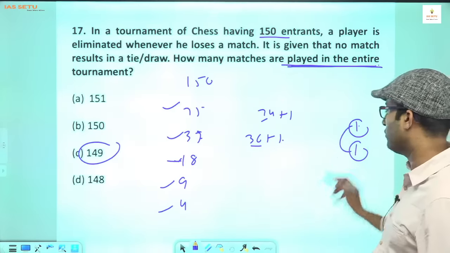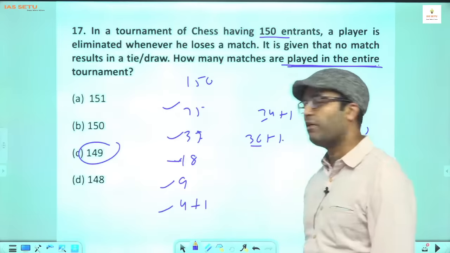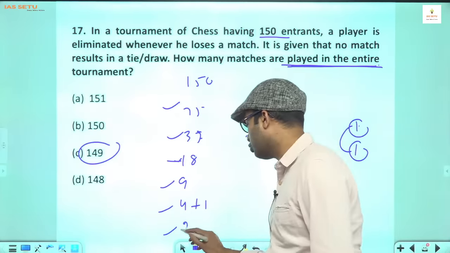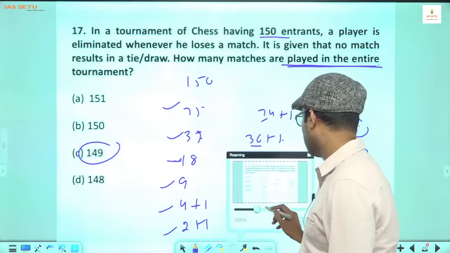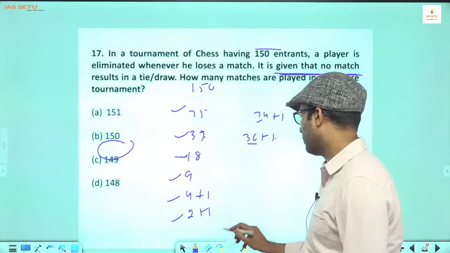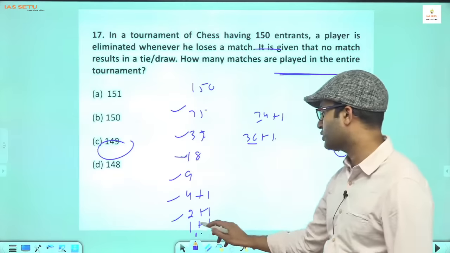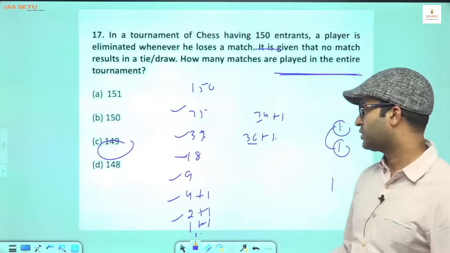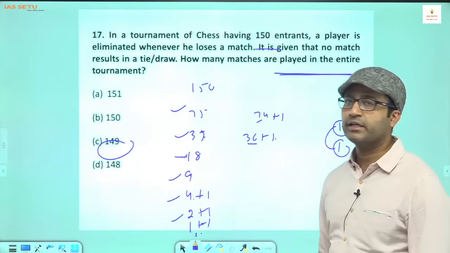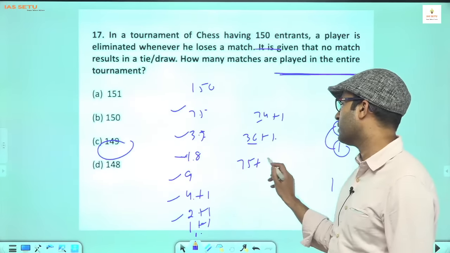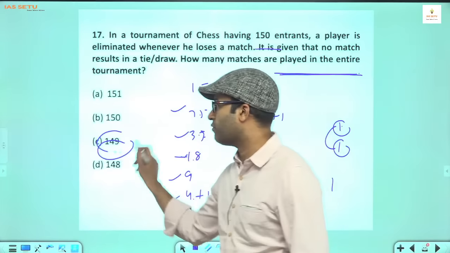बट यहाँ पे 1 और 1 का एक गेम हो चुका, 5, ठीक है. तो 5 में फिर 2 प्लस 1, फिर क्या आएगा, 1 प्लस 1, 1, 1 प्लस 2, 3, 3 प्लस 3, 6, 6 प्लस 5, 8, 8 प्लस 9, 17, 37, 74, 75 plus 74, we get 149.